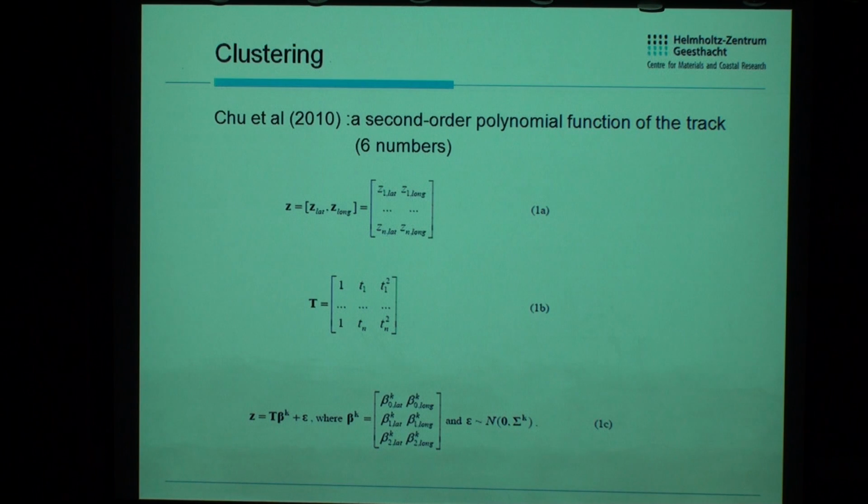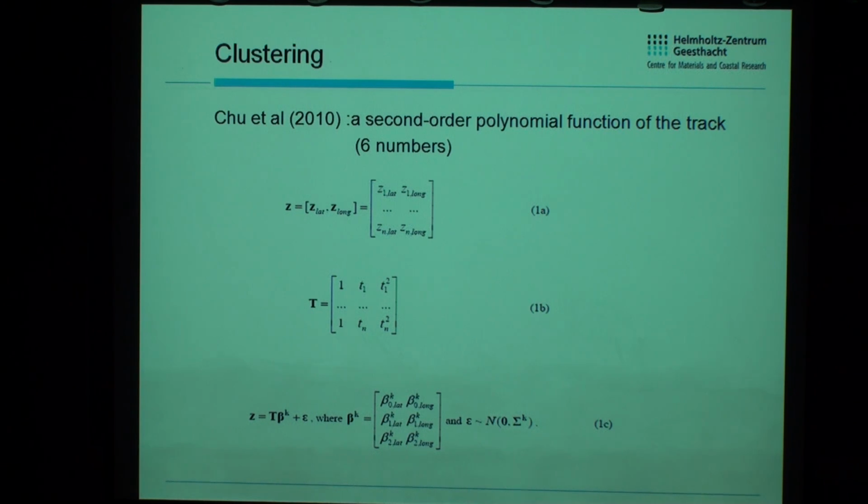Before clustering, every track is fitted with a second-order polynomial function over its lifetime. We do the same for longitude and latitude, so there are parameters for both. The zero-order parameter tells you the genesis location, the first-order parameter tells you the direction of the track, and the second-order parameter describes the curvature of the track.